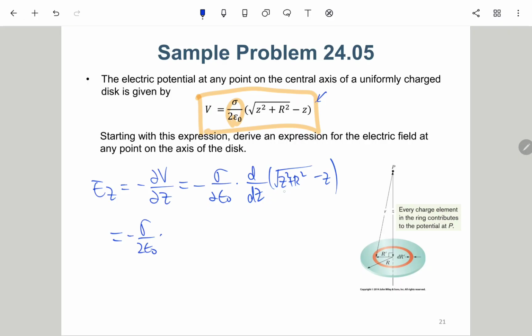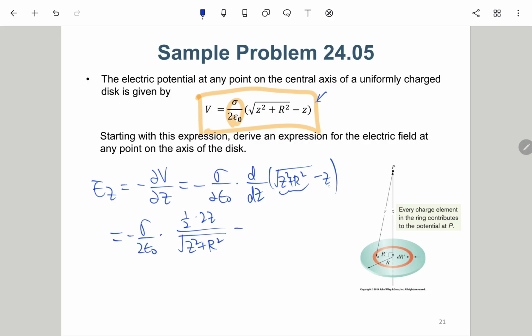Take the derivative, negative sigma over 2 epsilon naught. This stuff is to the 1/2 power, so the square root of z squared plus R squared, you need to multiply by 1/2, but you have the chain rule. You take the derivative of the inner function, z squared plus R squared, which with respect to z will be 2z.